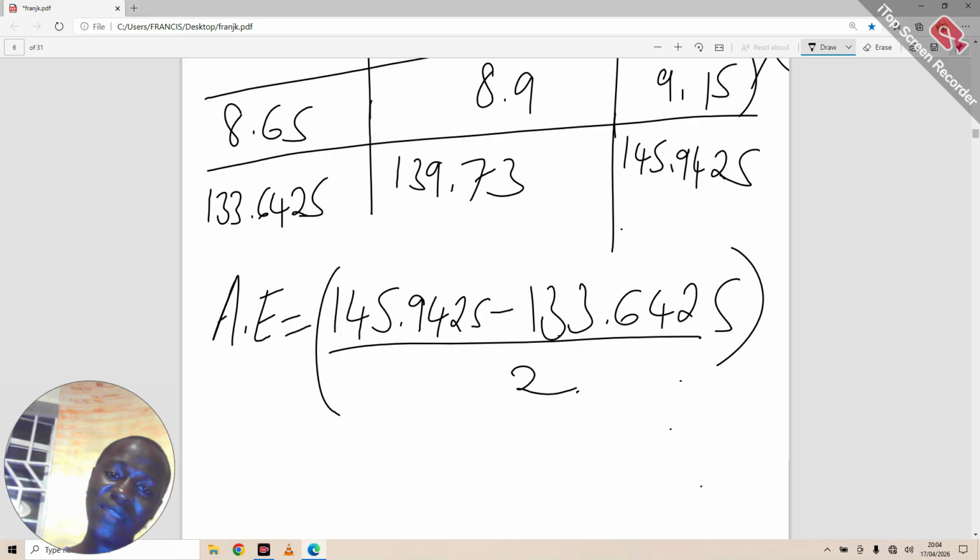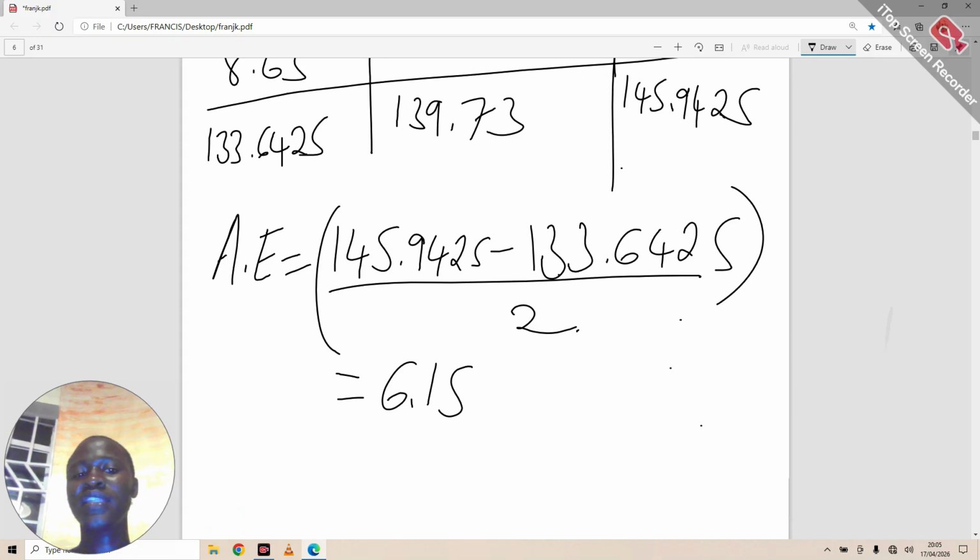But in this case, we get the absolute error as 145.9425 minus 133.6425, then divide by 2, where we shall get 6.15.